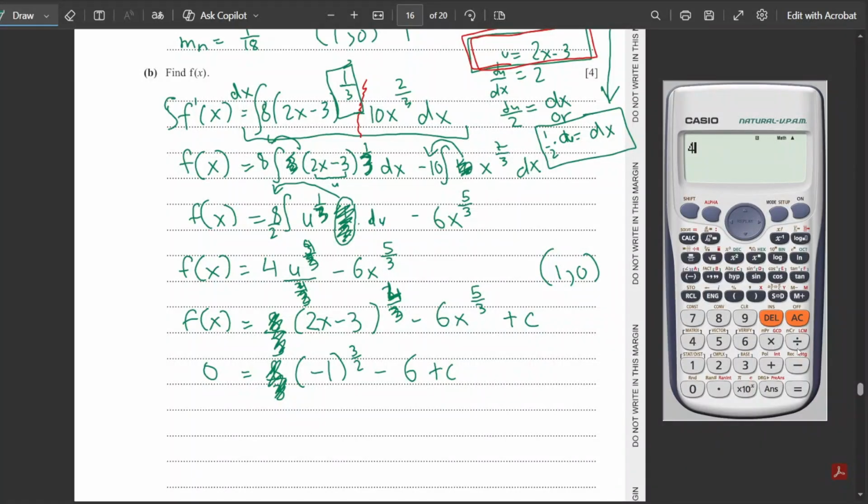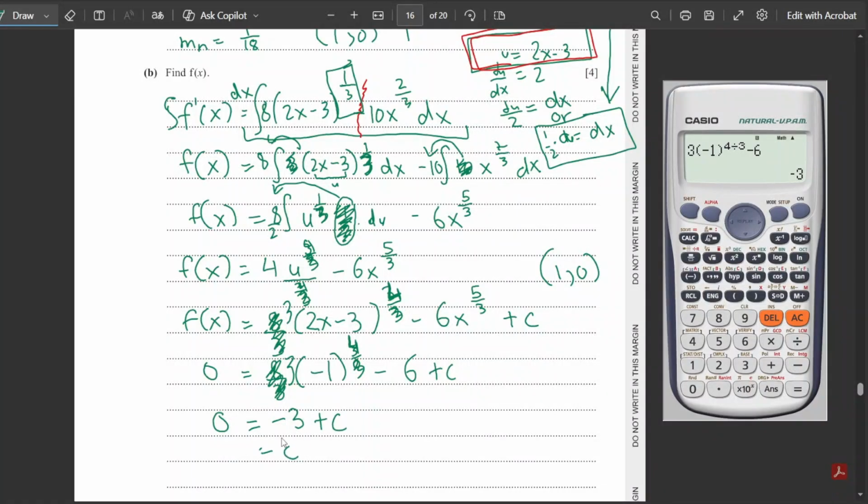So 4 divided by 4 by 3 gives us 3. So this right here is going to be 3, and this right here is going to be 3. Then that means we're going to have 4 by 3 over here. So we can do this again. It's going to be 3 times negative 1 raised to the power 4 divided by 3, minus 6. Now that is equal to negative 3. So 0 equals negative 3 plus c.